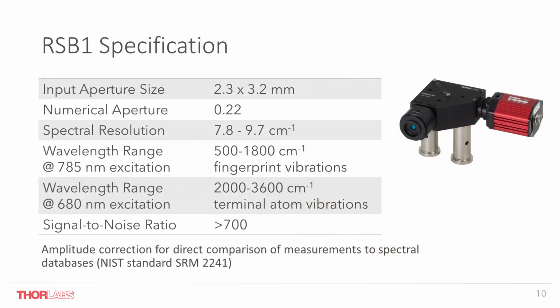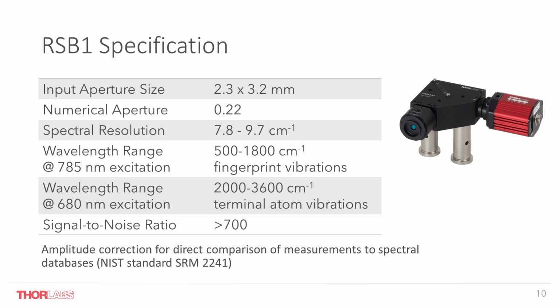Here we have all the important specifications for our Raman Spectrograph RSB1 at a glance. Our input aperture has the size of 2.3 by 3.2 mm, and the spectrograph has a numerical aperture of 0.22. The spectral resolution is guaranteed between 7.8 and 9.7 cm^-1, or lower than 0.65 nanometers.